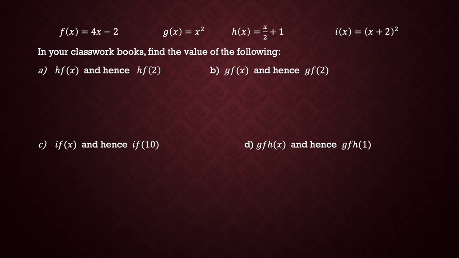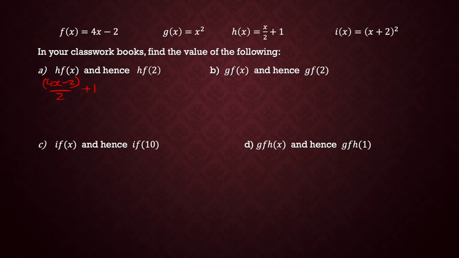So I start writing h of x out, but rather than writing x, I'm going to write the function f of x instead. So this is going to instead become, I'm not going to write x, I'm going to write f of x instead. So we'll have 4x minus 2. Again, I'm going to make sure I put my function in brackets that I've substituted in, over 2 plus 1.